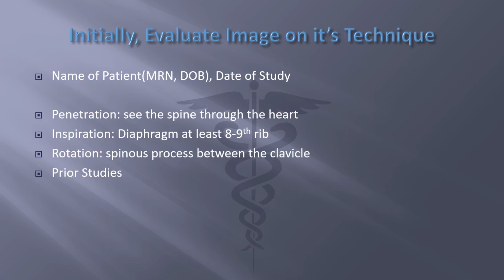When you have an X-ray pulled up, the first thing you want to do is make sure that you have the right patient, that you're not looking at somebody else. You verify the patient name, the medical record number, date of birth, and the date of study. When I was doing this lecture, I actually had a patient in the ICU where I pulled up their EMR, and they were literally there a year ago to the day. There was an X-ray ordered, but it wasn't done yet.